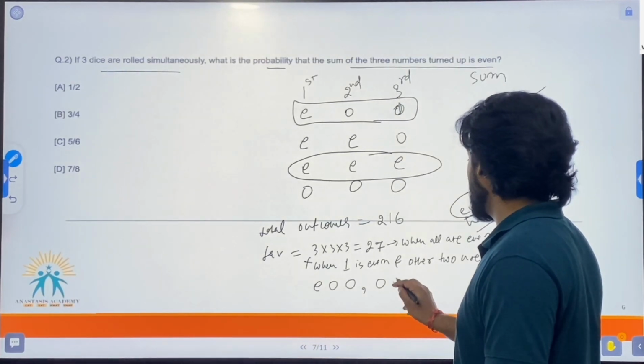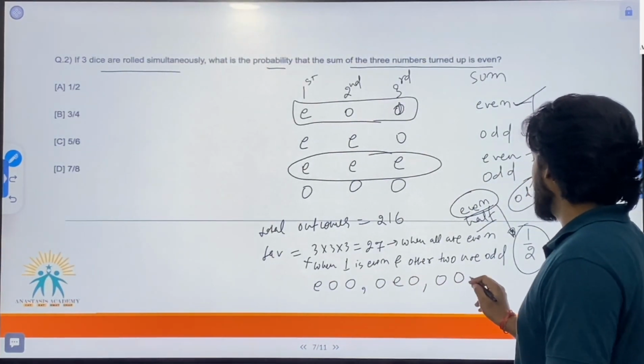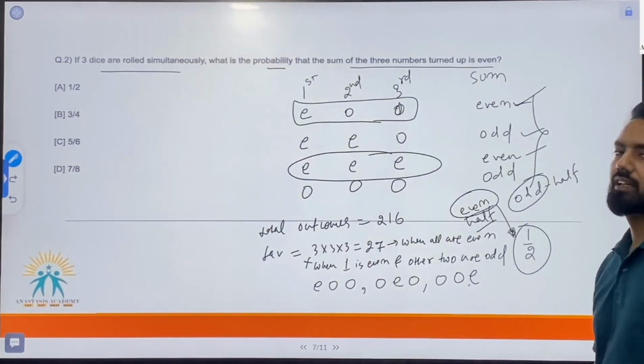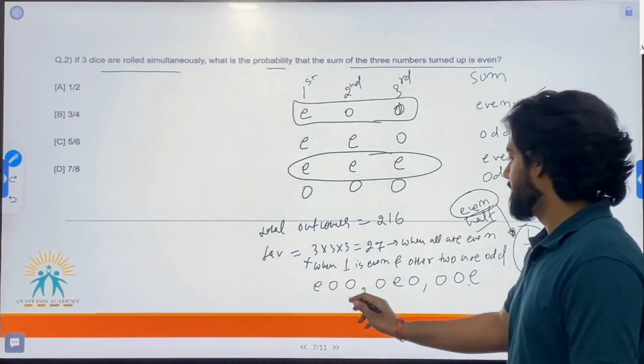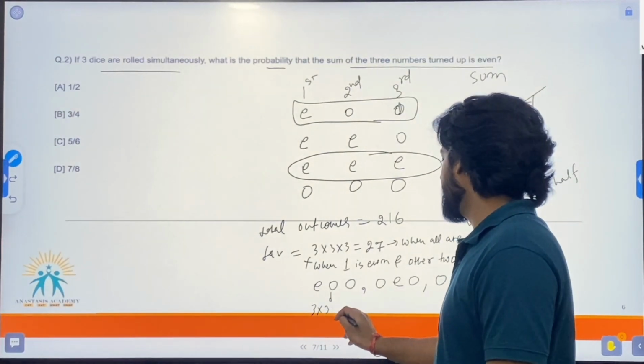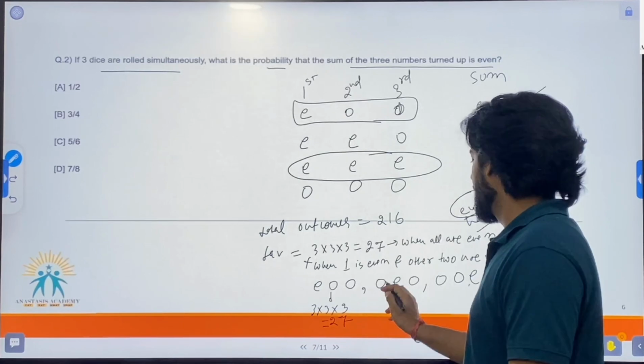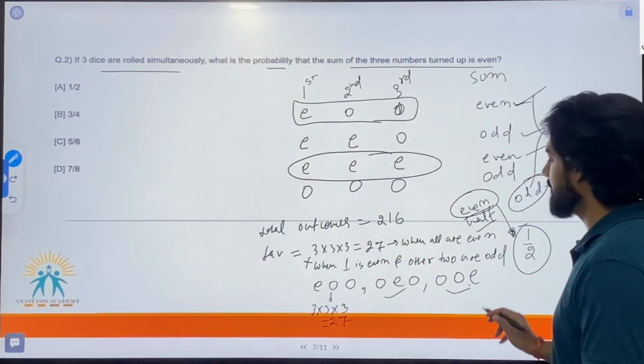Or on first, I get odd, this is even, this is odd. And the last case is when I get odd on the first 2 and even on the last die. So in this case, even are 3 numbers, odd are 3 numbers, and odd are 3 numbers. So 27 numbers are there. For this also 27, for this also 27.